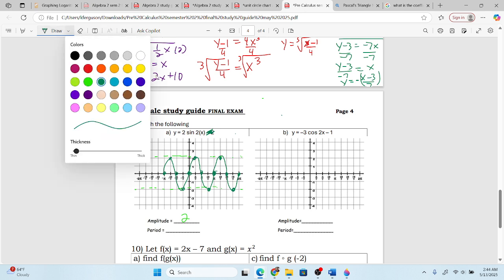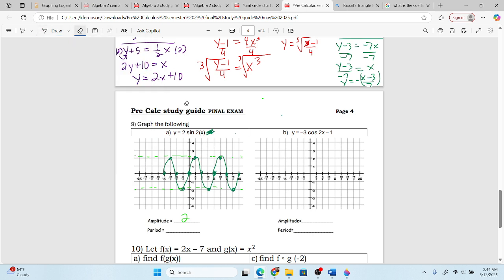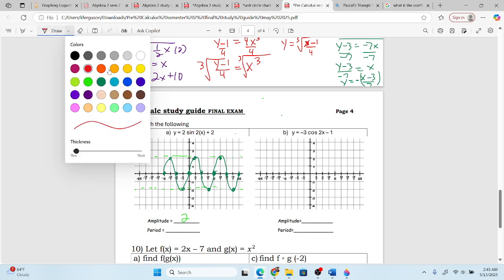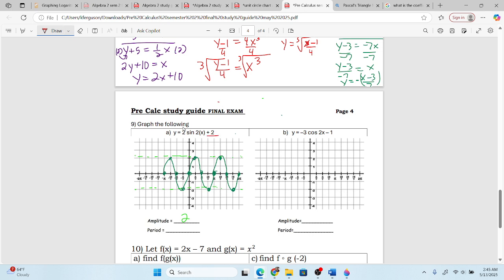So now, I said the dark was going to be the first one. So now, what we're going to do is move up 2 for every point.